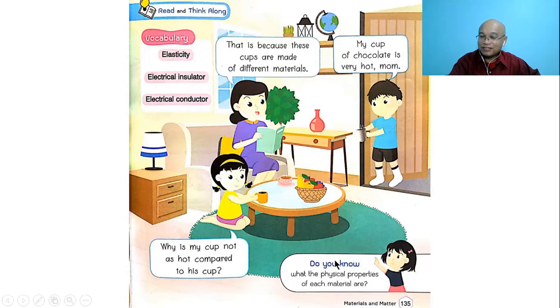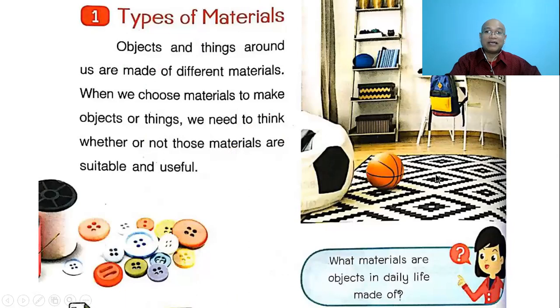So the question is, do you know what the physical properties of each material are? All right. So we'll be learning more about that. And so let's learn some types of materials. Objects and things around us are made of different materials.